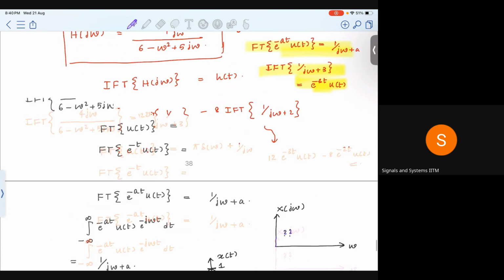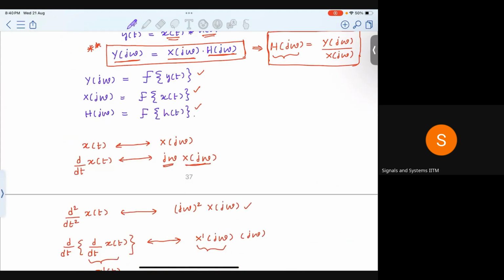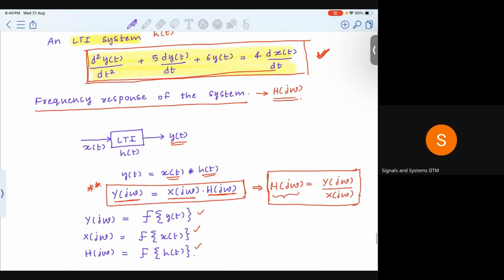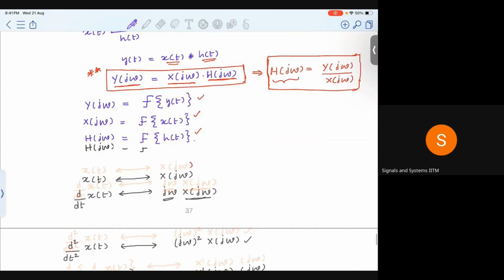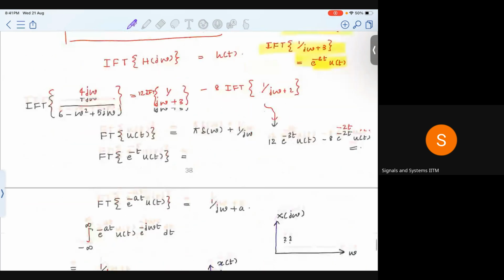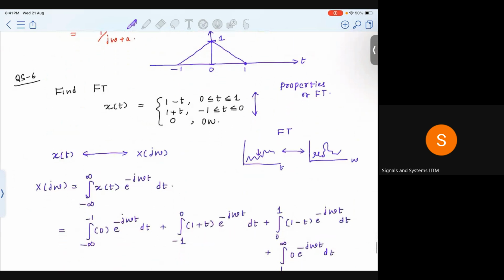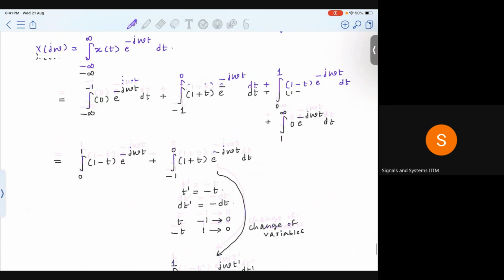For example, when you have a differential equation expression, it's always simpler to use known properties of the Fourier transform to come up with the solution. When to use the direct definition and when to use the properties comes with practice. Think about what is the easiest possible way to arrive at the solution.